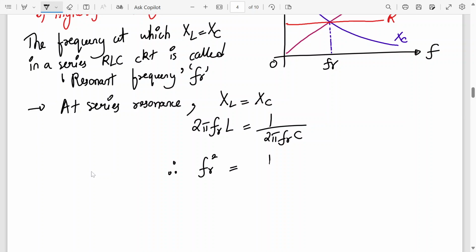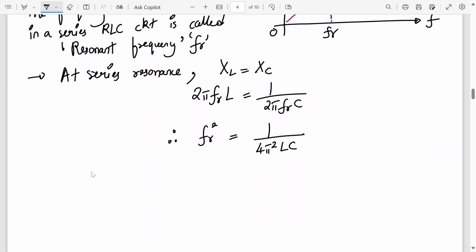FR square equal to 1 upon 4 pi square into LC. Yes or no? So what is resonant frequency FR? You take the square root, so it will be 1 upon 2 pi square root of LC. That is the formula.